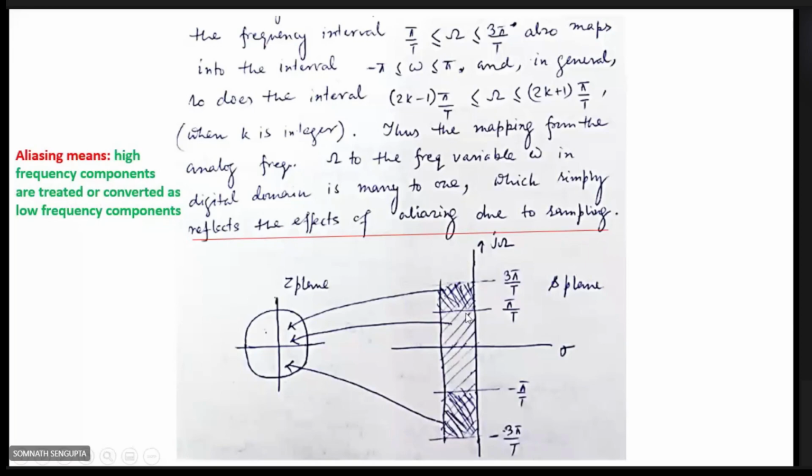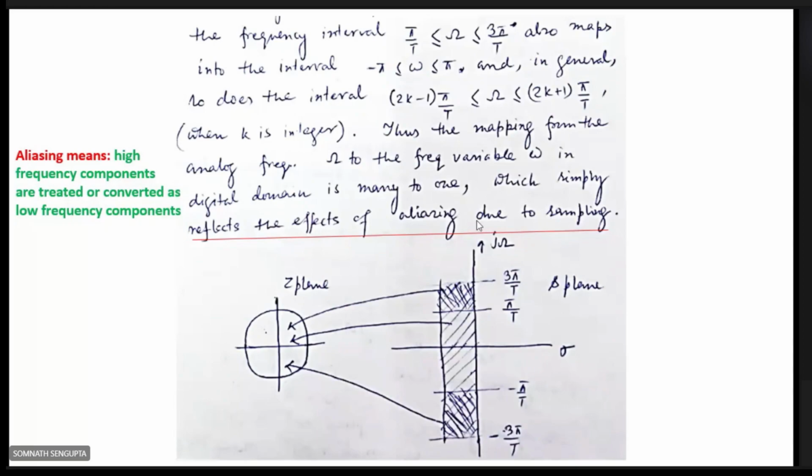So this mapping from the points of the S plane to the Z plane is not one to one, it is many to one. Many analog frequencies correspond to one particular digital frequency.